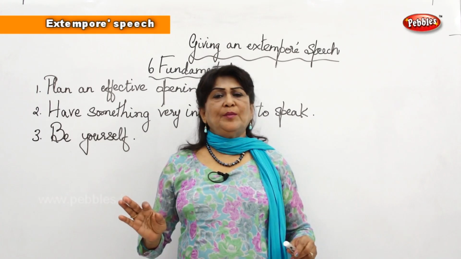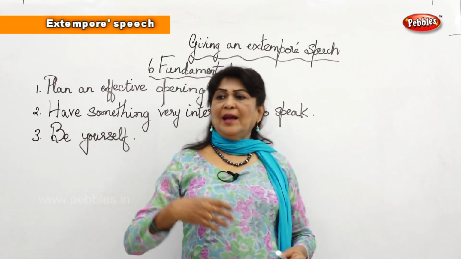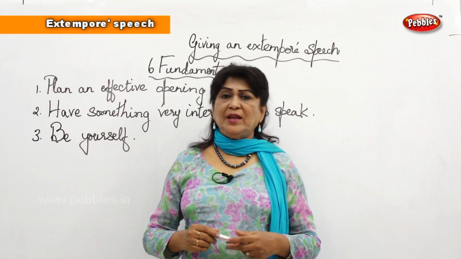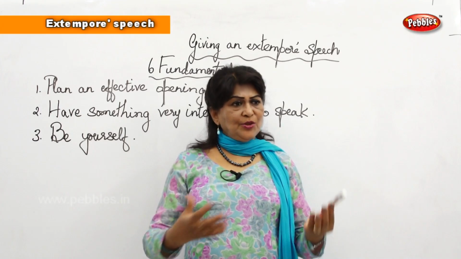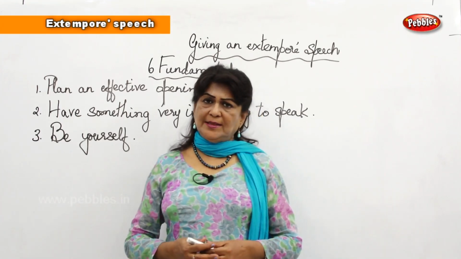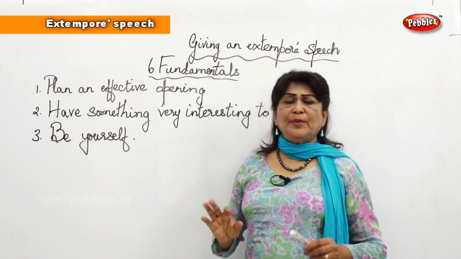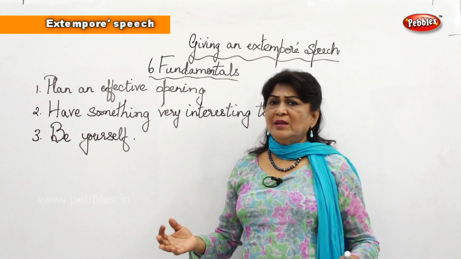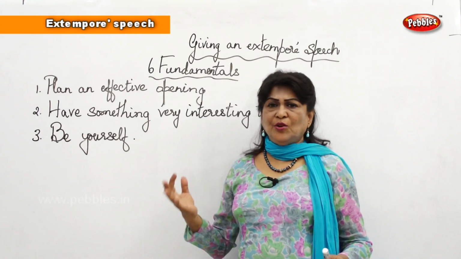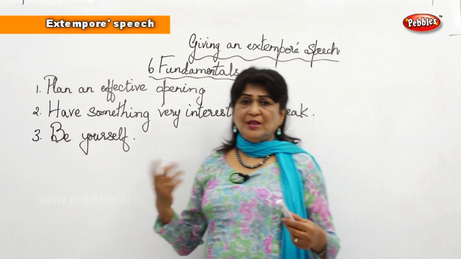Do not bother at all. Just consider them as your friends, and eye contact is very, very important. So, look at them and speak to them as though you are talking to your friends. Okay. So, be yourself. Do not get perturbed, and do not put on any flowery language, accents and all that, and do not try to imitate somebody else's speech.